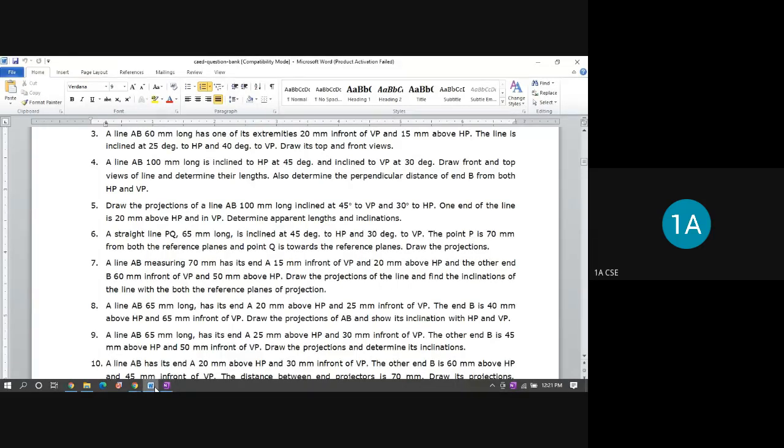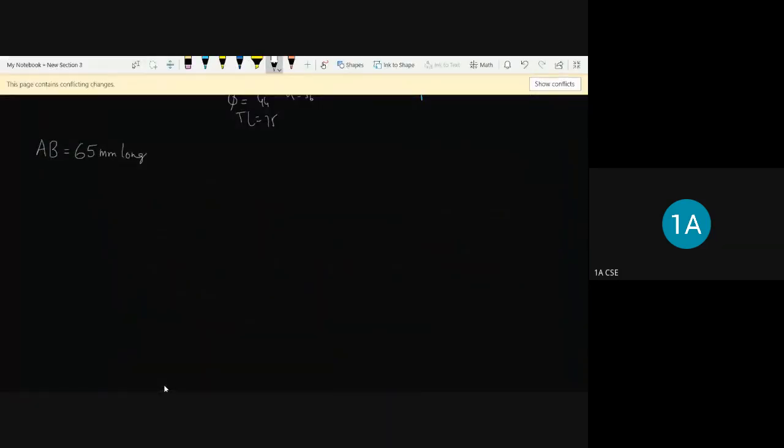That is, A is at 20 mm above HP and 15 mm in front of VP. So the position of A is given.